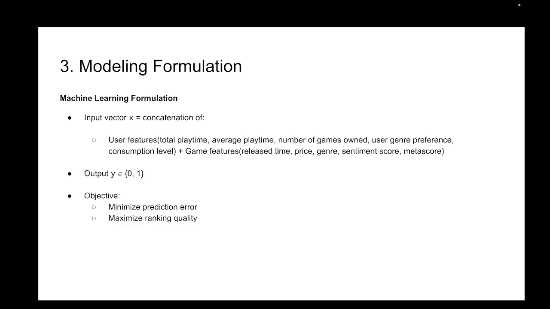For the model formulation, the input X will be the user features and the game features. The user features is just what I talked about previously, and the same with the game features. The output will be just 0 and 1s, and the objective will be to minimize the prediction error and maximize the ranking quality.